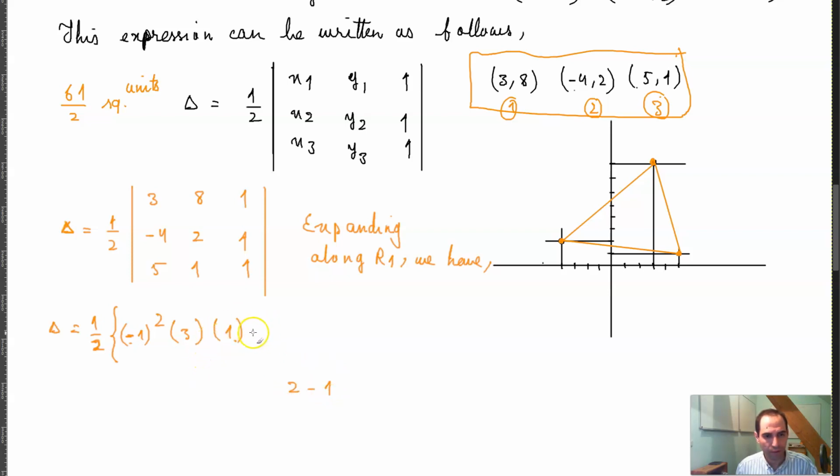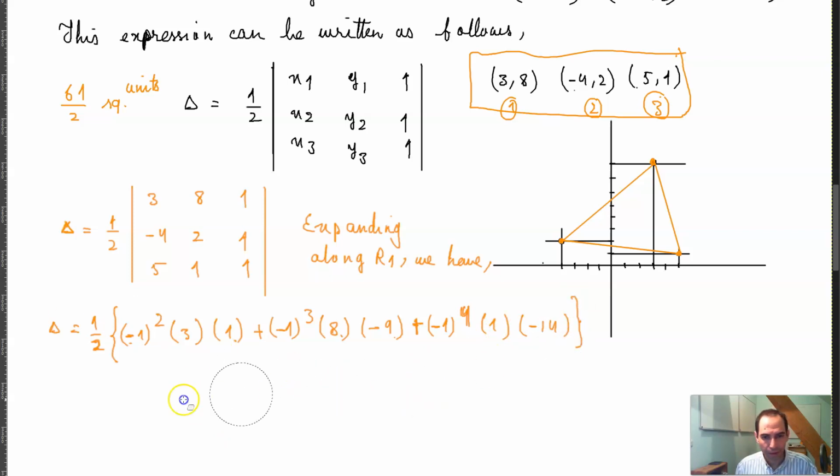And then plus -1 raised to the third power times 8 times this determinant, which is -4, 1, 5, 1, which is -4 minus 5, which is equal to -9. And then you have plus -1 raised to the fourth power times 1 times this determinant, which is -4 minus 10, which is equal to -14.